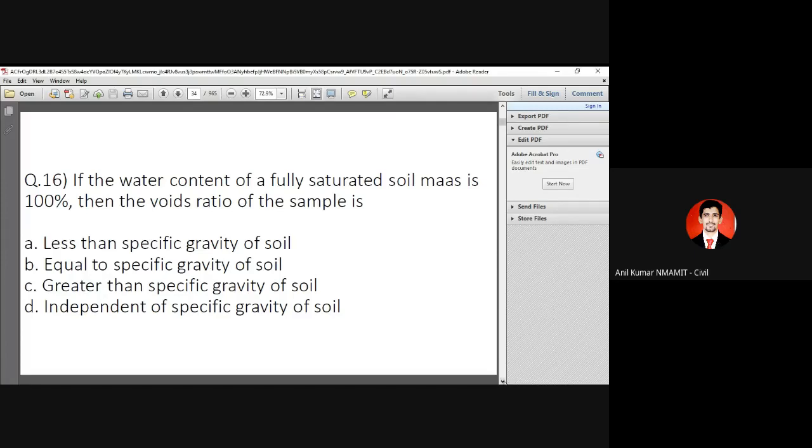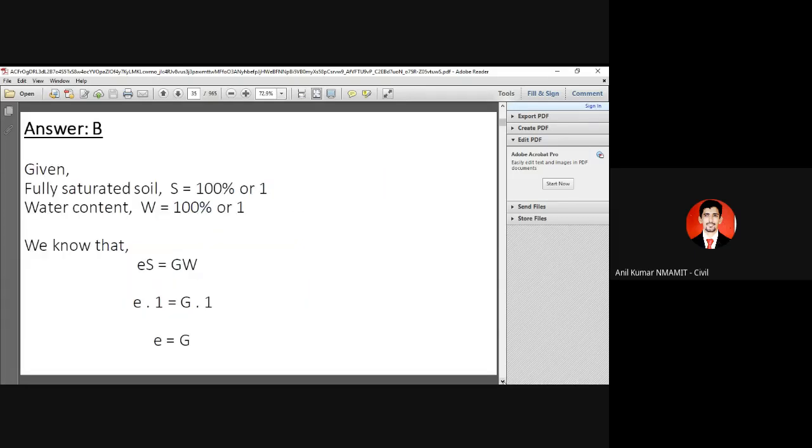Okay, we'll solve this. B is the right answer. For a fully saturated sample, S is equal to 100% or 1. I told you there is a relationship between S, G and E: E is equal to WG by S. The water content is 100%, so W is also 1. Therefore ES is equal to WG, that is E is equal to G, because S is 1 and W is 1. Simple.